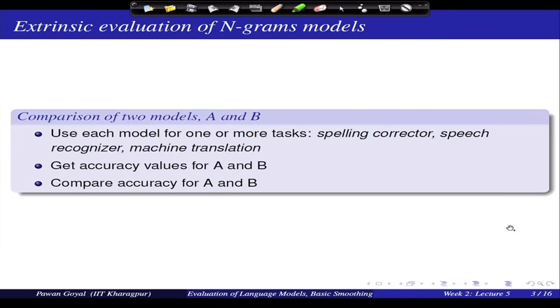What do I mean by extrinsic evaluation of my language models? Suppose I have learned 2 different language models, A and B, from some training data. What do we do in extrinsic evaluation? We try to use them on certain tasks. Remember some of the applications that we have discussed for language models. They can be used in spelling correction or in speech recognition and so on.